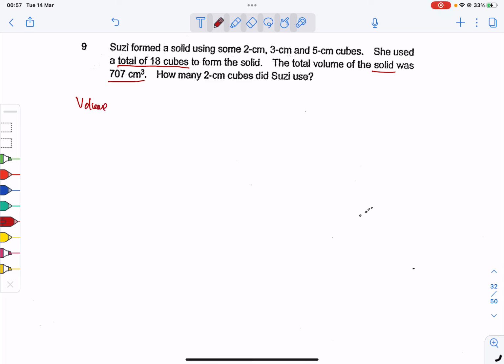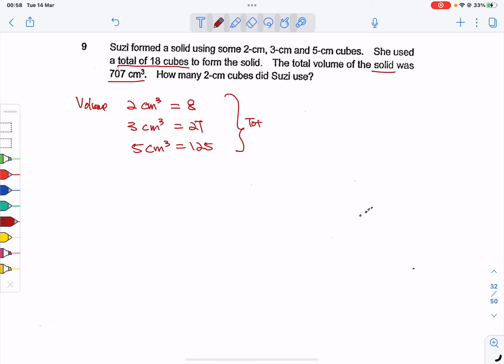Volume for 2 cm cube is 8. For 3 cm cube is 27. For 5 cm cube is 125. If we have each cube 1 each, the total will be 160 cm cube.